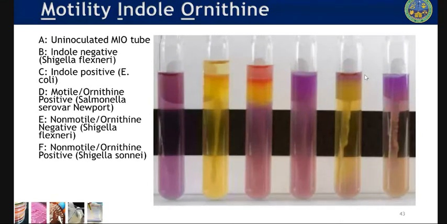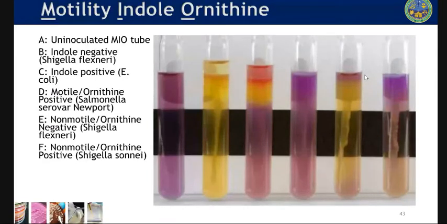So the first tube for the motility indole ornithine decarboxylase procedure is uninoculated, purple in color, indole negative, with the addition of either Kovac's or Ehrlich's reagent. But if you make use of extraction compounds before you add the reagent, you might do so depending on what reagent you'll be using.